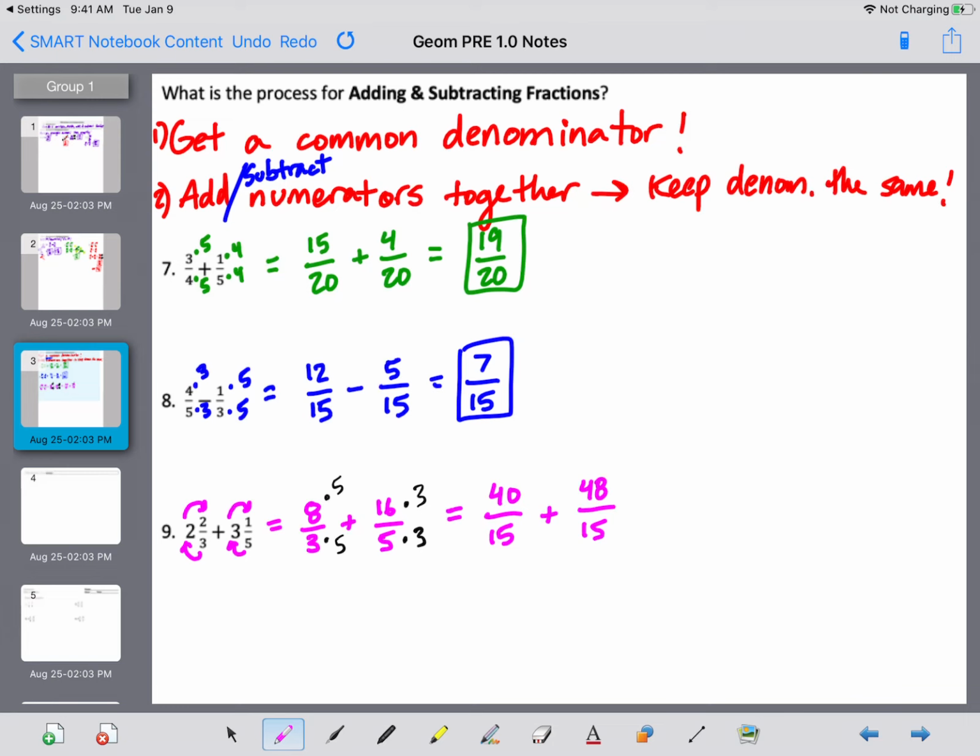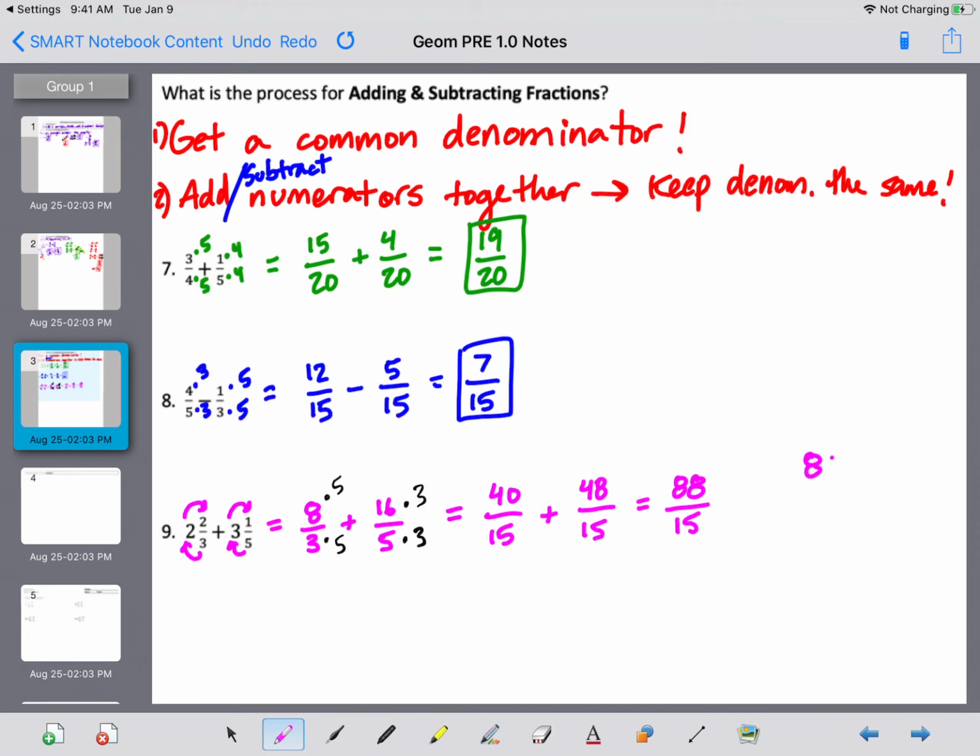Okay, now we can go ahead and add. 40 plus 48 is 88. And then remember, we keep that common denominator the same. All right, and now we can check and see if we can simplify. I can't think of anything that 88 and 15 can be divided by, but we could change this into a mixed number if you'd like.